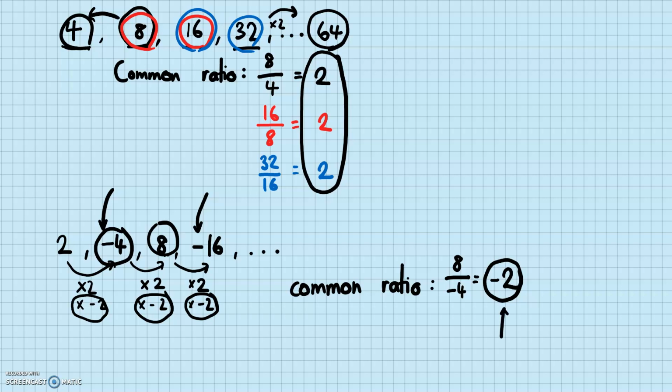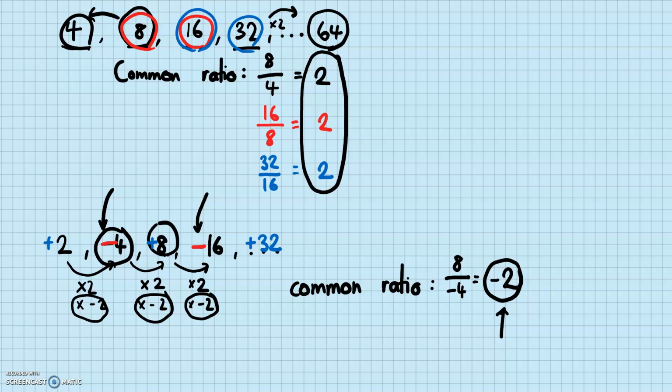So when the common ratio is a negative number, as it is in this case, the signs will alternate. It'll be positive here, then negative in the next one, then positive again, and then negative. And you can deduce that it's going to be positive in the next one. It's actually going to be positive 32.